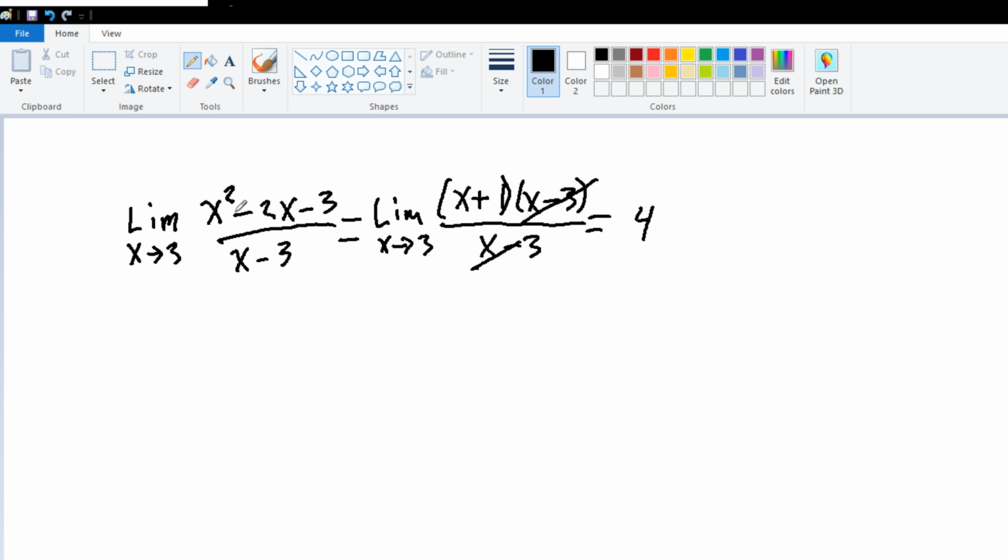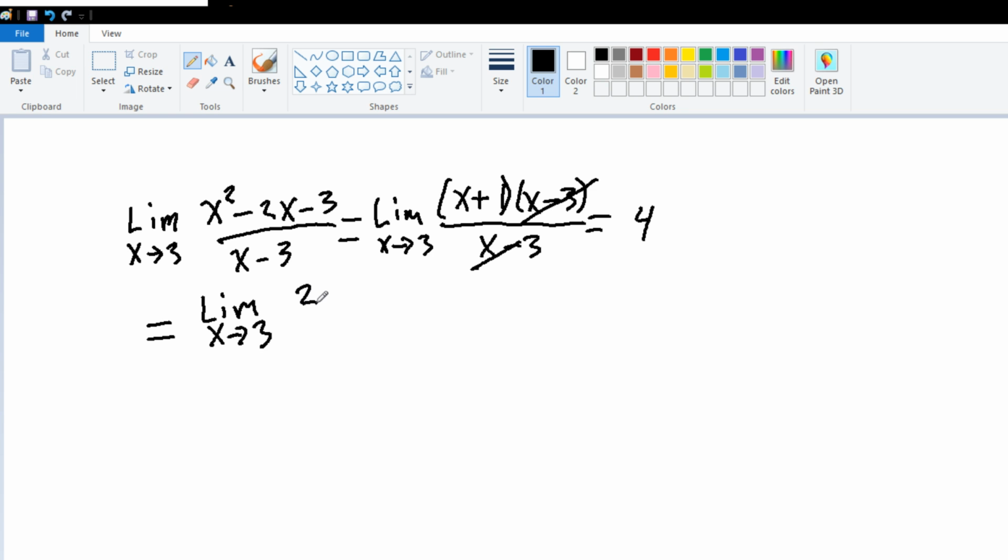However, we can also test out L'Hopital's rule with this. Notice that as x goes to 3, we get 9 minus 6 minus 3 is 0 on the top, and 3 minus 3 is 0 on the bottom. That gives us 0 over 0, which is indeterminate, and it's in the form that L'Hopital's rule can work with. So we can take the derivative of the top and bottom.